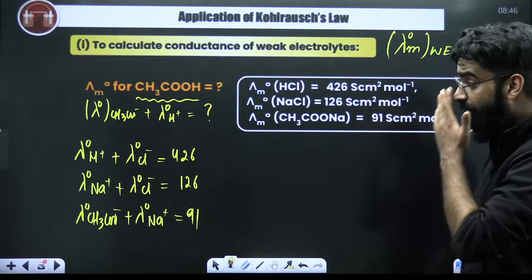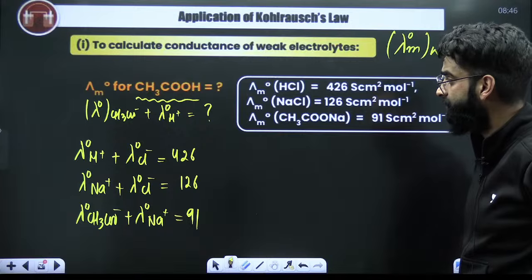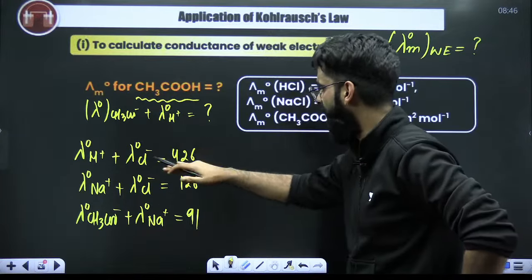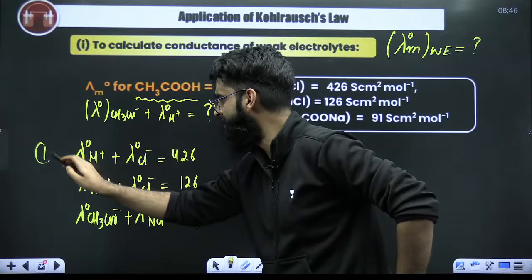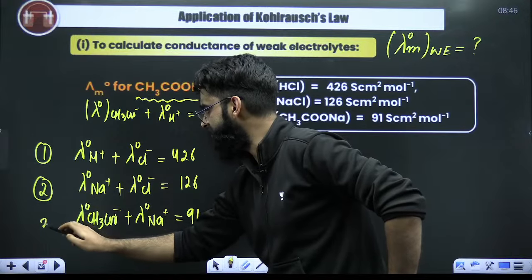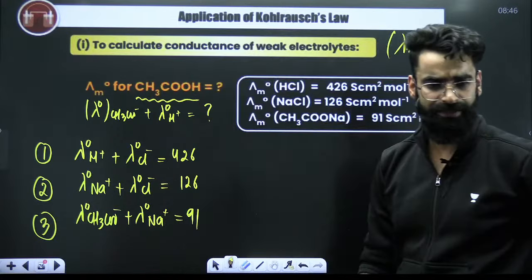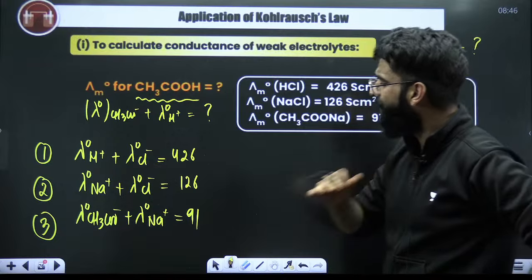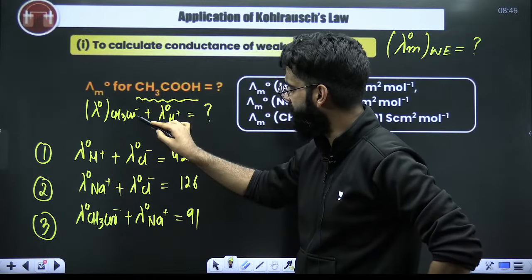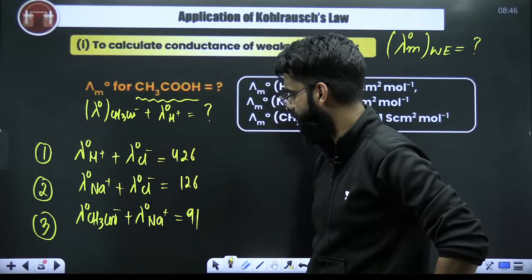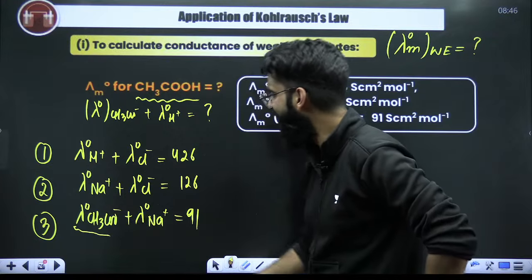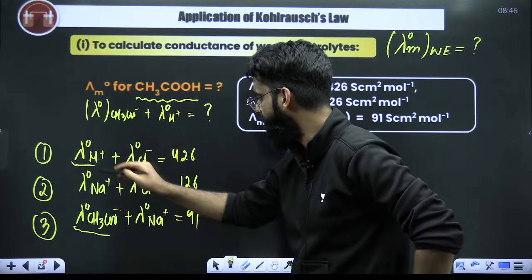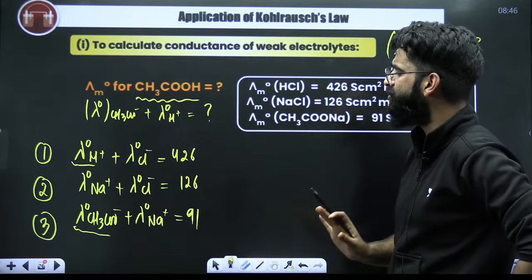Now, my dear students, how do you get this value out of these 3 equations? This is equation 1, this is equation 2, this is equation 3. What do you need exactly? You need lambda naught of CH3COO- and lambda naught of H+. Rest all the terms should get cancelled.